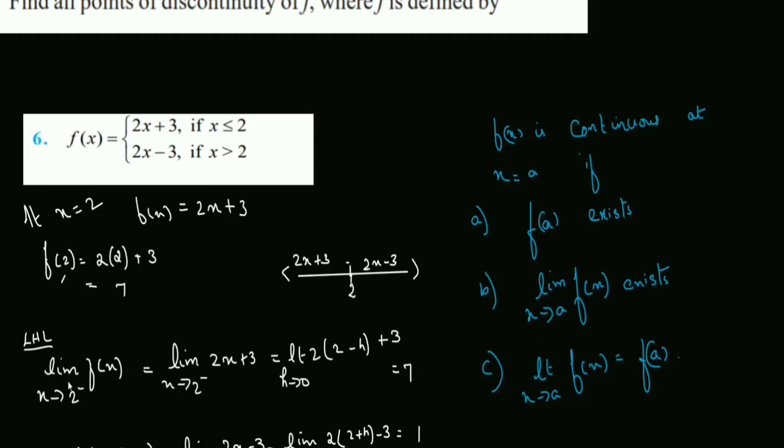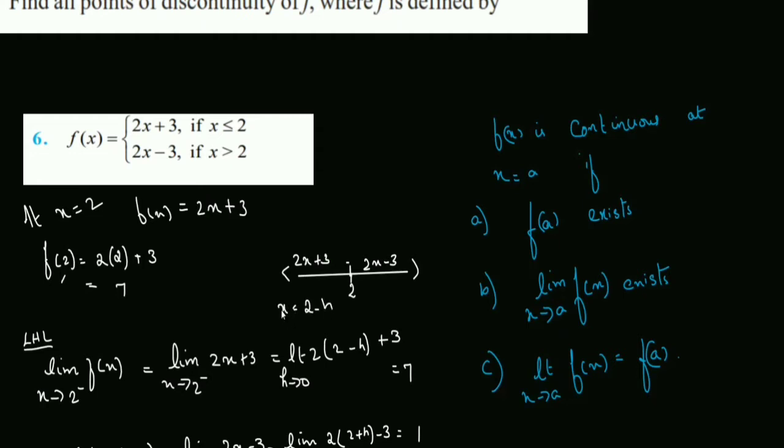So left of 2, limit x tends to 2 minus. Less than 2, the function is 2x plus 3. So you just write the function here. And for less than 2, how do you find the left hand limit? You replace x by 2 minus h.